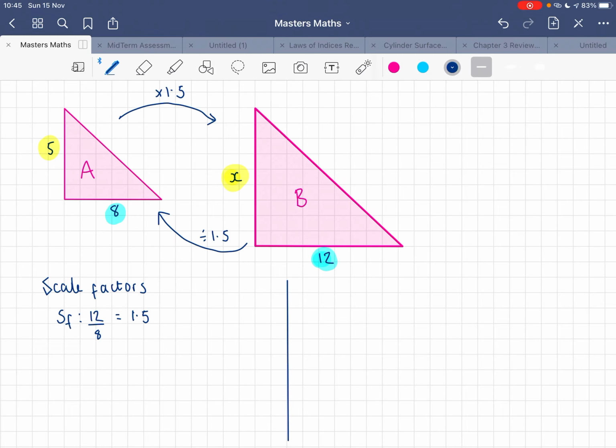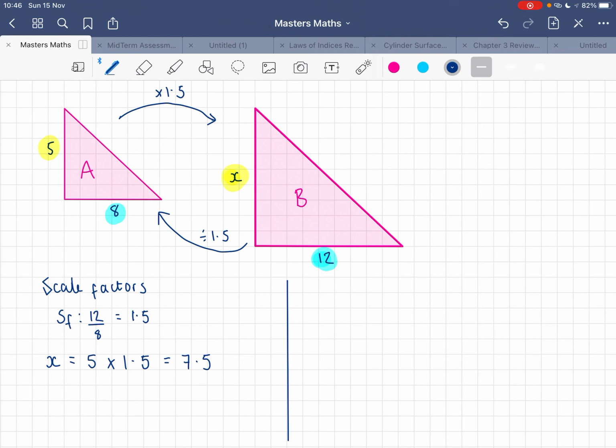So x is 5 multiplied by the scale factor of 1.5, which is 7.5. And that's what x is. That's really easy. So you work out what the scale factor is, you either multiply or divide depending on which shape you're working with, and then you get the answer.